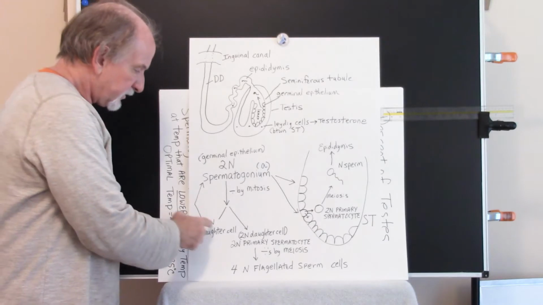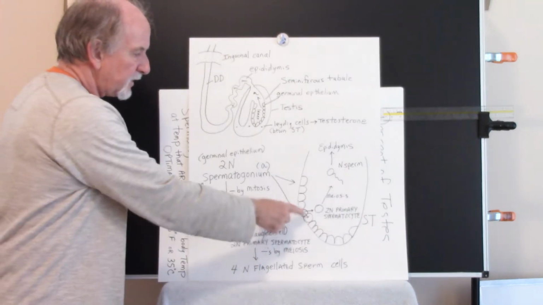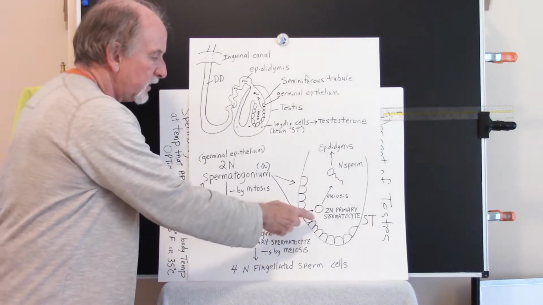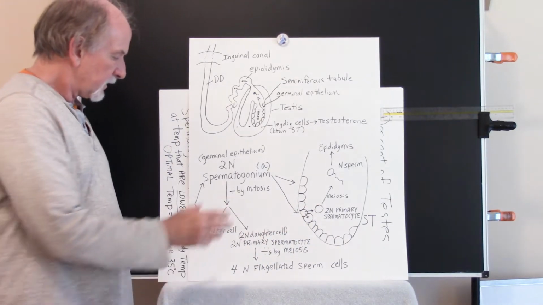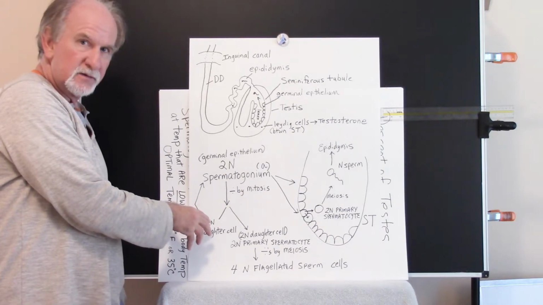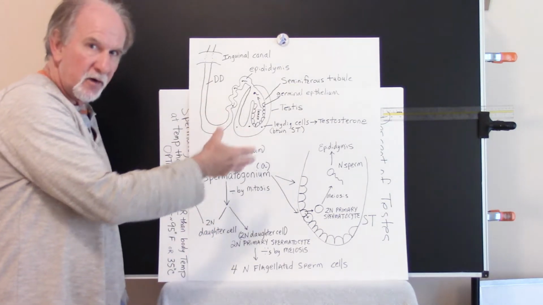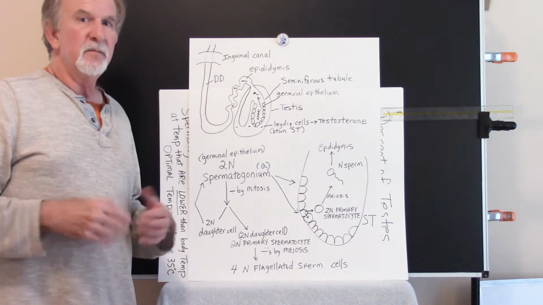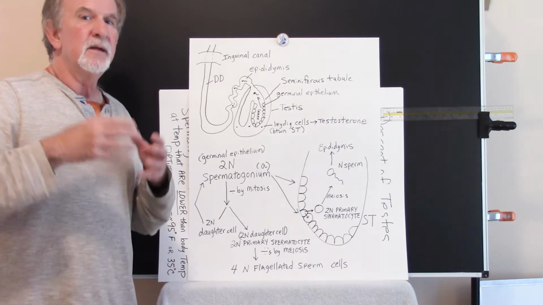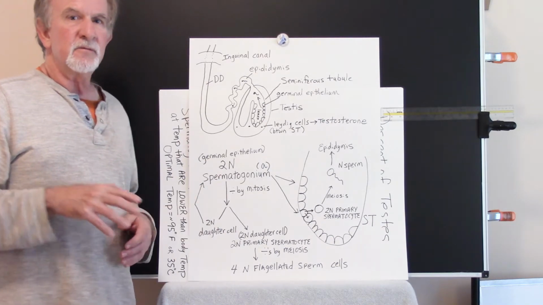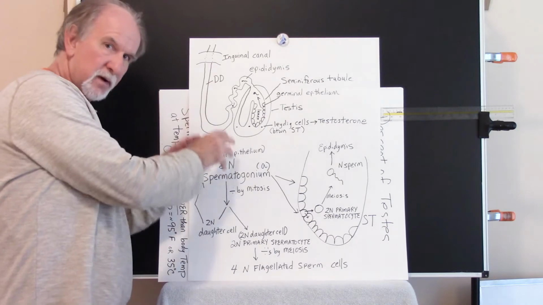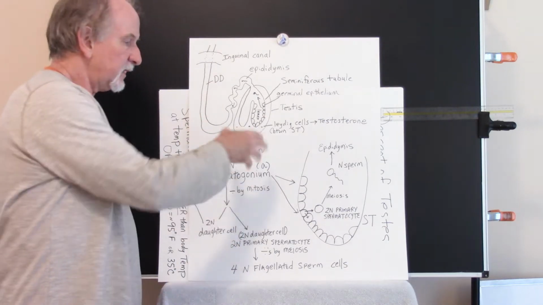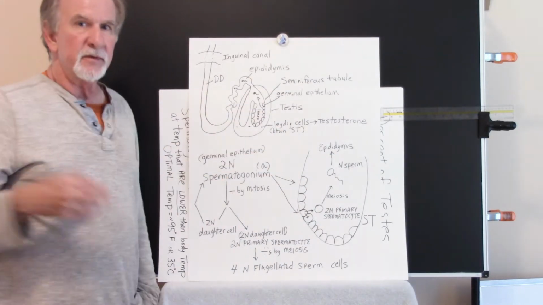And they produce two daughter cells. So this would be a spermatogonium dividing by mitosis to form two daughter cells. One of the daughter cells remains as a spermatogonium. In that way, the spermatogonia maintain themselves throughout the life of the male.